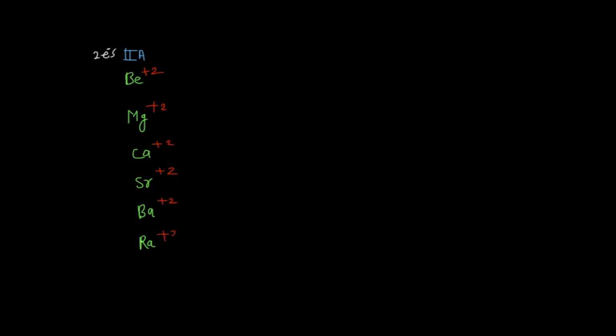Next, this second A group is called the alkaline earth metals.